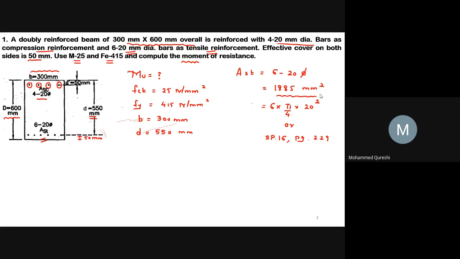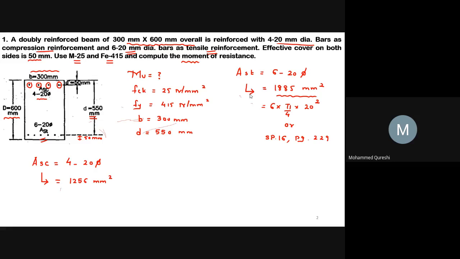And also the value of ASC is given as 4-20 mm dia. So by using SP16 page number 229, we will get 1256 mm square. So area of compression steel is 1256 and area of tension steel is 1885 mm square.